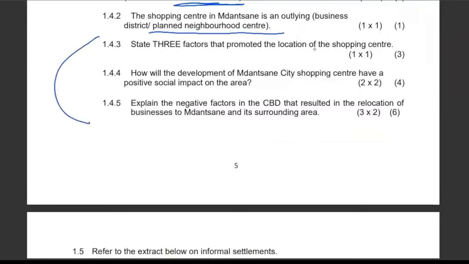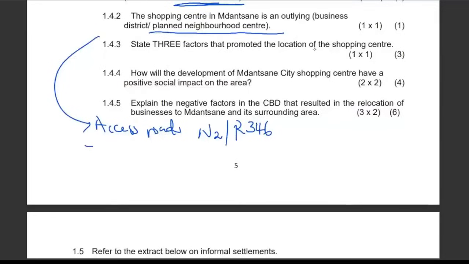So the justification, I will just list. We talk of the access roads that we have seen there, the N2 national route and also the R346. This facilitates access by motorists. Motorists plying those routes can actually access the shopping center because it's easily accessible, linked by those routes.